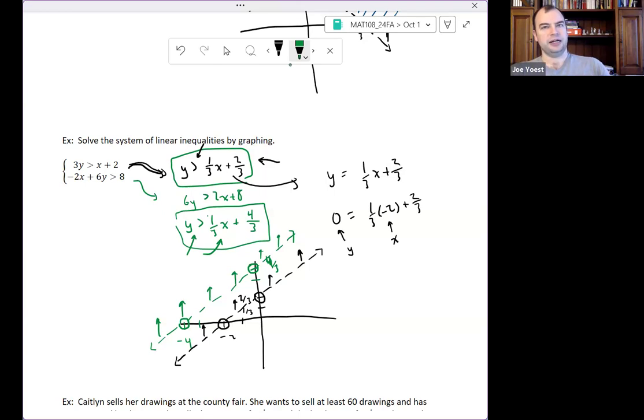So I need to find ordered pairs (x, y) that are both strictly above the black dashed line and also strictly above the green dashed line. In fact, in this case, it's just all of the points that are above the green dashed line. So the second inequality is universally more restrictive than the first inequality.